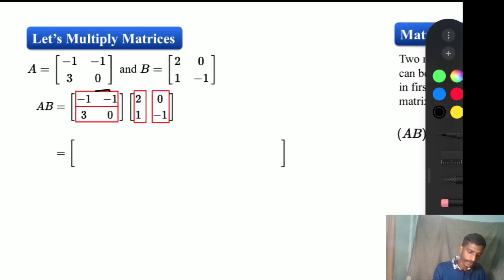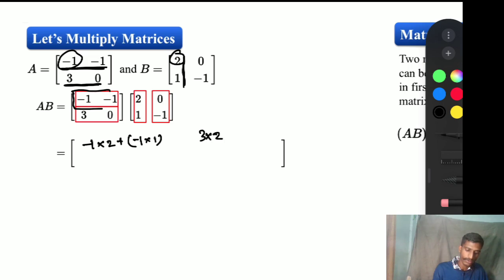Let's start. Let's perform a matrix multiplication in this particular example. Here we have to multiply a row and a column together, like minus 1 into 2. We'll multiply these two first and add up, and perform multiplication on this, minus 1 into 1. Similarly, we'll move to the next row but the same column, 3 into 2 plus 0 into 0.